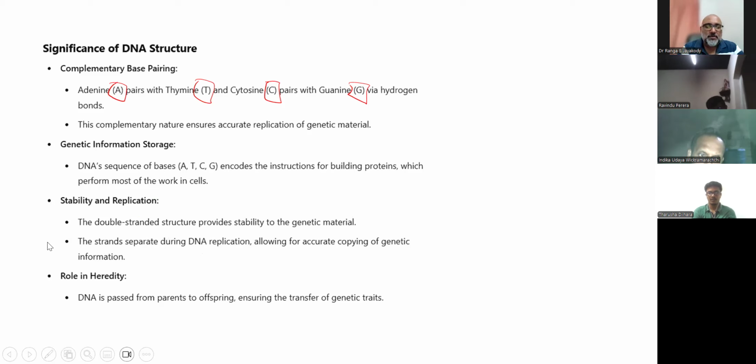So if a cell divides, you need to copy the genetic material, right? Because you know that, for example, your skin cells, right? The lifetime of the top layer of the skin cell is about 30 days, right? You can see your nail grows, right?